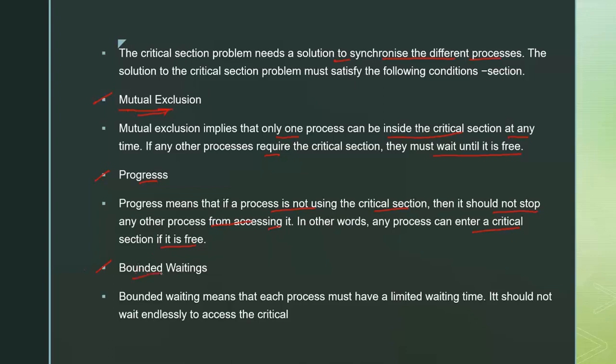Now coming to bounded wait. Bounded wait means each process must have a limited waiting time. It is not like a process starts executing, takes 2 hours, and the other process waits in the waiting state for 2 hours. That is not the case. Every process will have some fixed amount of waiting time.